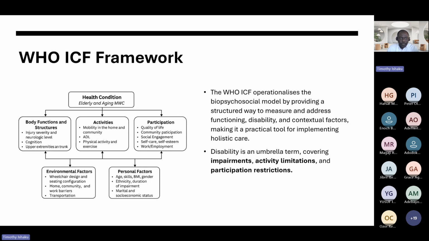The first box, body structure and function, covers the biological or physical derangement, so any physical impairment that the patient has. But the model moves beyond just the physical model. It captures the interaction between body, mind, and environment.